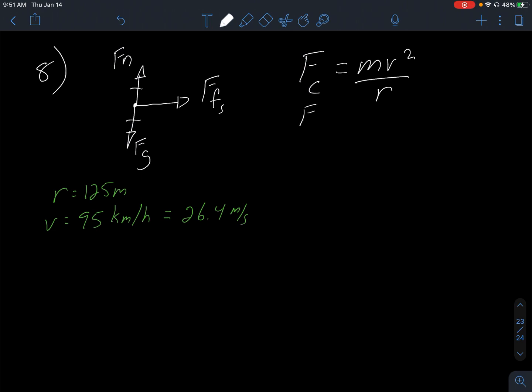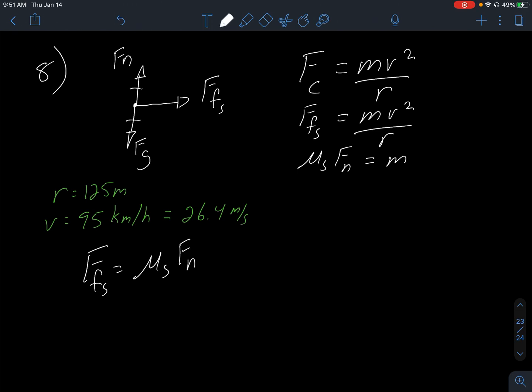So it's our force of static friction that is our centripetal force, which from the fun equation, right, force of static friction is mu static times normal force. We can make that jump. And from our force diagram, we see that normal force is equal to gravity.